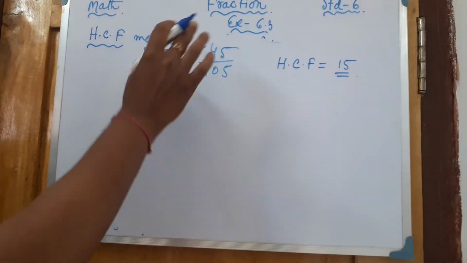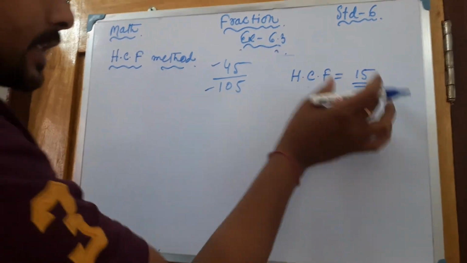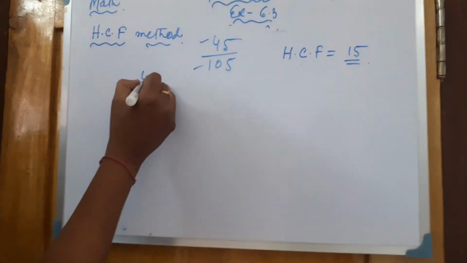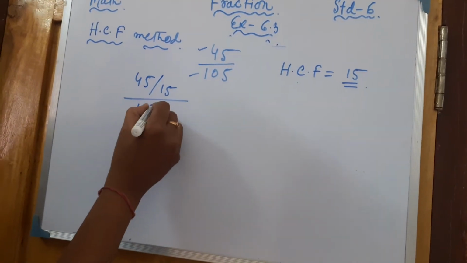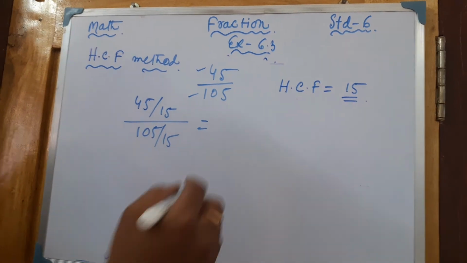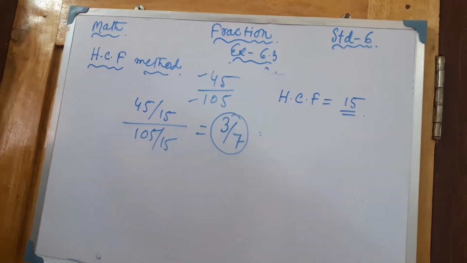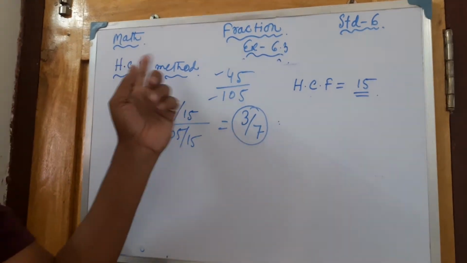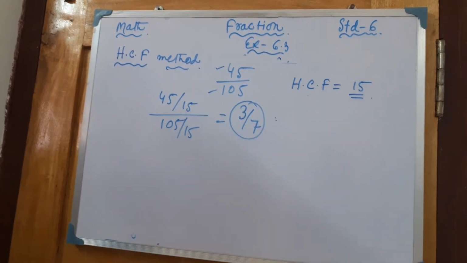Any two numbers you take, find their HCF, then divide this fraction by the HCF which is coming. If you divide in this way, then definitely 3 by 7 will come. That will be the simplest form, the lowest form of this particular fraction. So this is the HCF method.